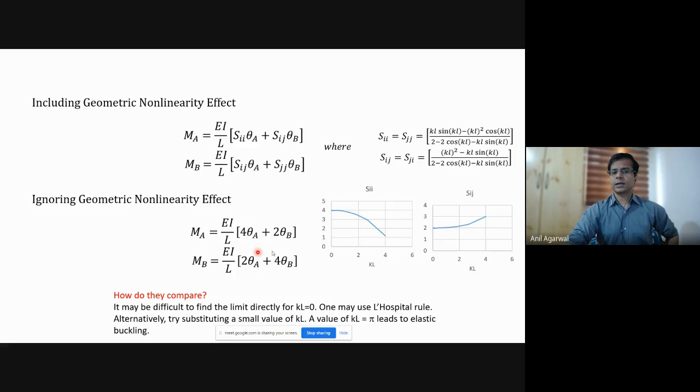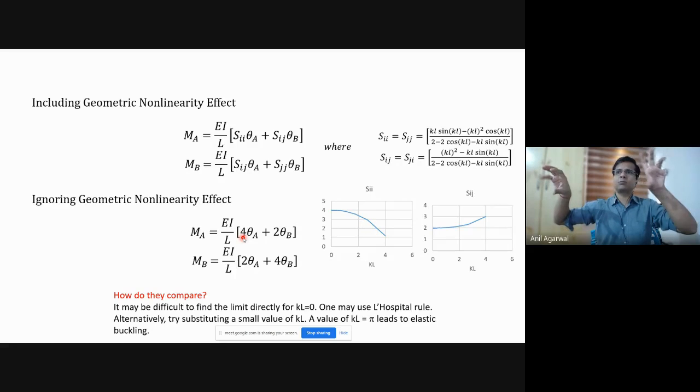You're all familiar with this idea. 4EI by L is the rotational stiffness of any beam member at that joint itself. And at the other end, if I introduce the rotation θB, then at that joint, because of that rotation θB, I will have a moment demand of 2EI by L multiplied by θB. Correct? This everybody is familiar with, right? You have understood this very well.